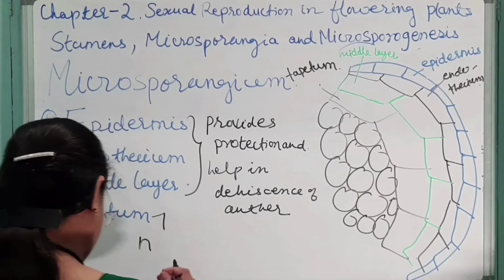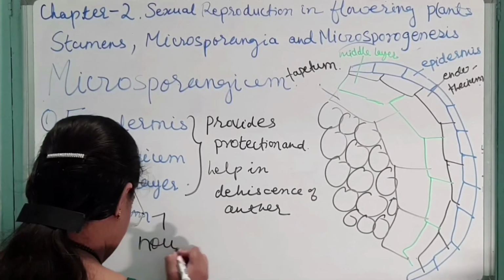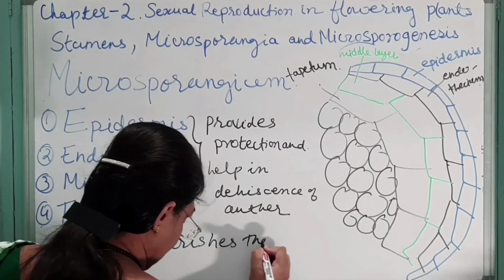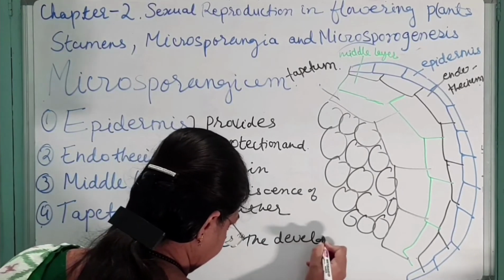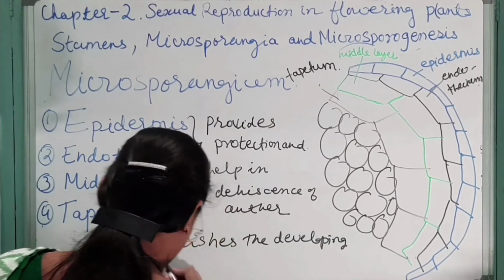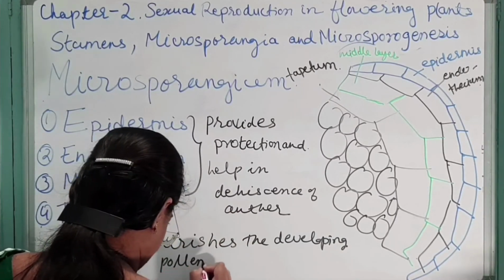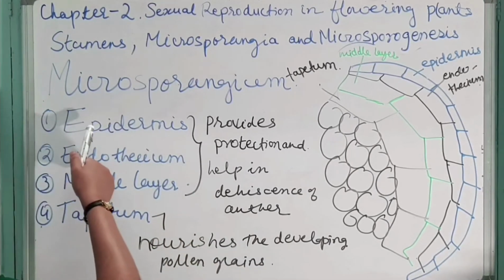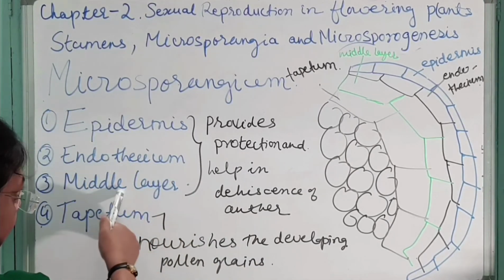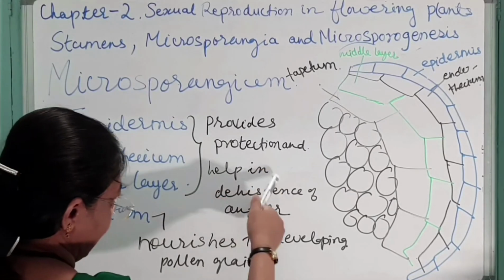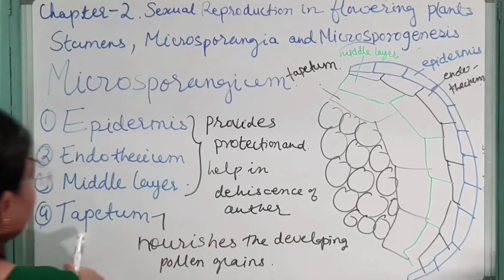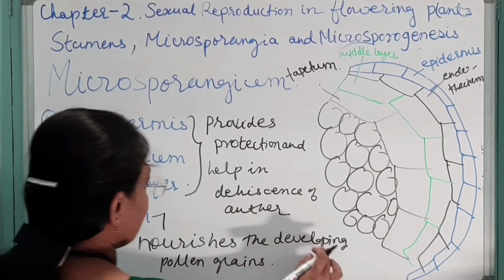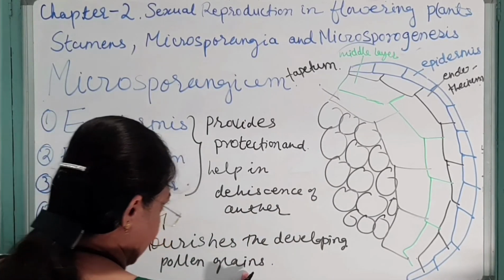So epidermis, endothecium and middle layer provide protection and help in the dehiscence of anther, and the last layer, tapetum, which is the innermost layer, nourishes the developing pollen grains.